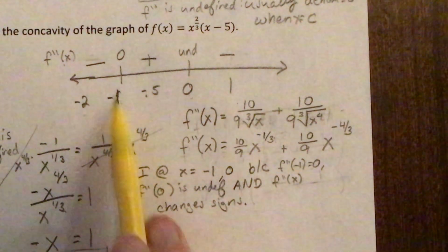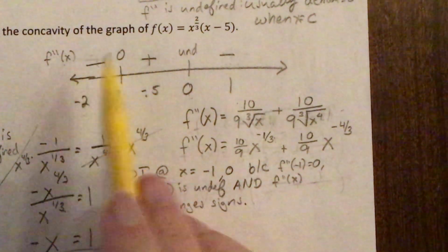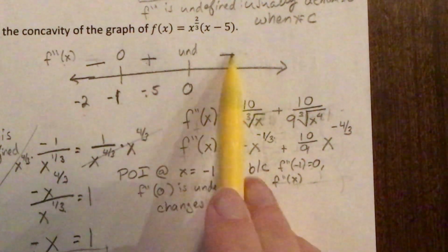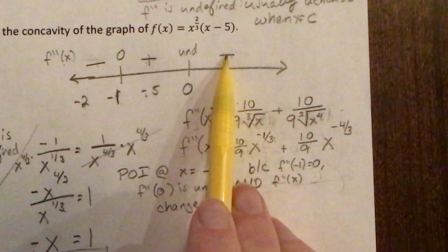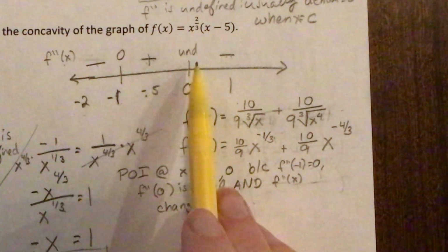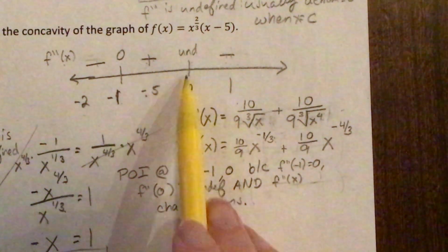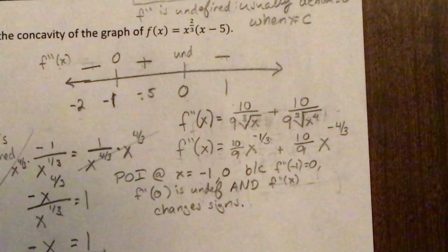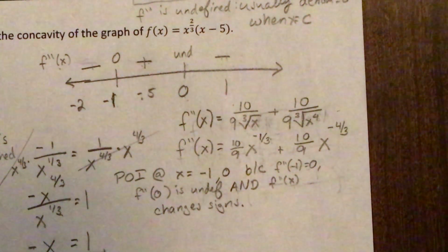Right? At -1, your second derivative changes signs. At x equals 0, your second derivative changes signs. So if it was plus plus or minus minus surrounding this spot, you would not have a point of inflection. It was a possible point of inflection, but it didn't work out.